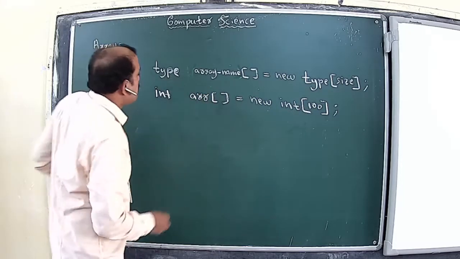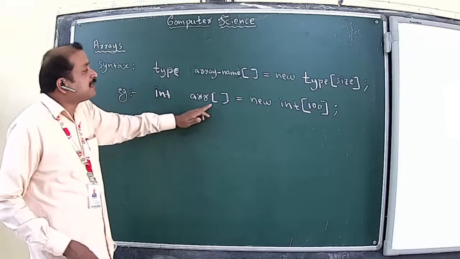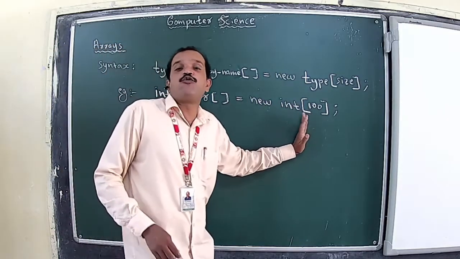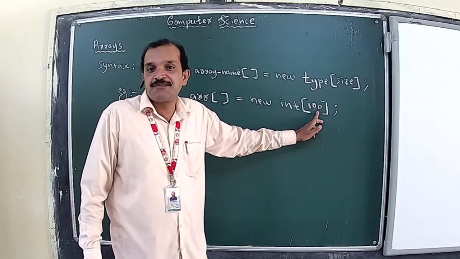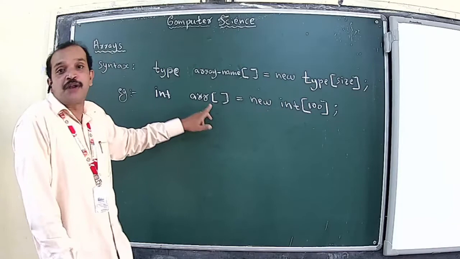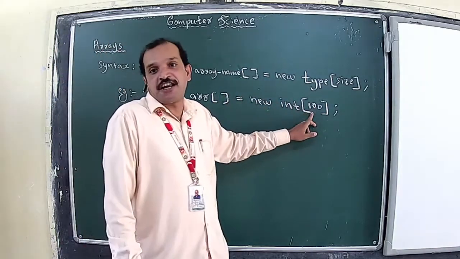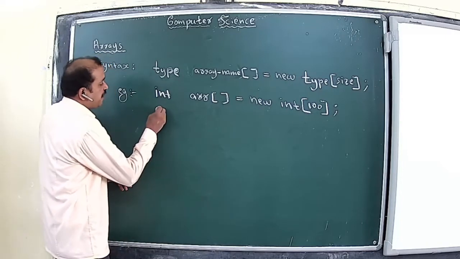Definitely, the indices of the array will start from 0 to n minus 1, where n stands for the total number of elements. So the subscript for this particular array will be from 0 to 99. And this is how the various elements of this particular array can be accessed.